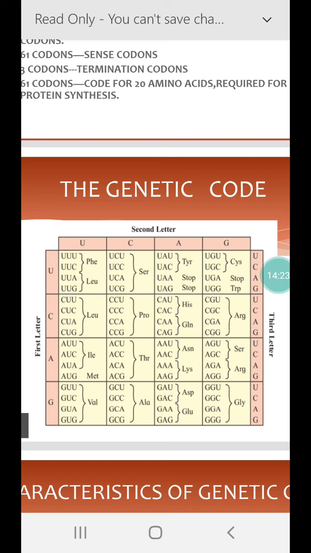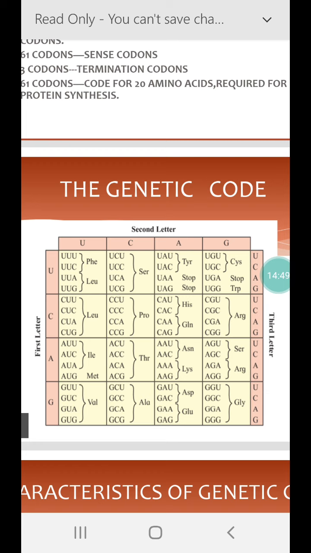Means how you will join all 3: first letter from the left side, then the second letter from the topmost, that is U C A G, and the third letter from the other 4 boxes.